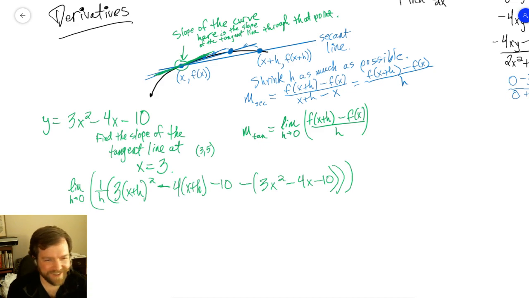Okay, anyway. So we're looking at this, and a naive approach would be to say, well, I'm just going to plug in 0 for h, and then that'd be it. So if we did that, what you get is here, this would end up being 3x squared minus 4x minus 10 minus 3x squared minus 4x minus 10.